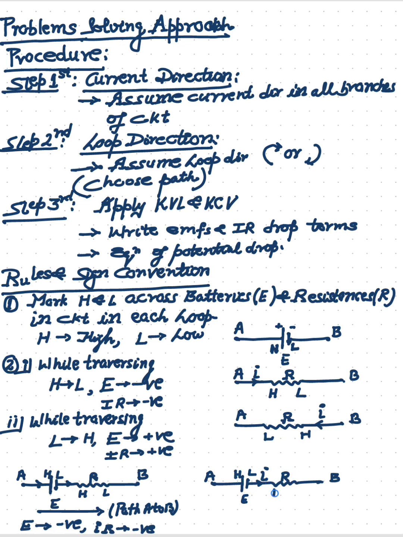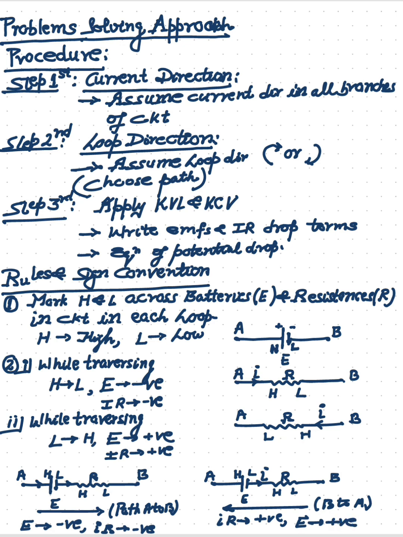Going B to A, across the resistance R we are going low to high, so the IR drop will be positive. For E, we are also going low to high, so it is positive.